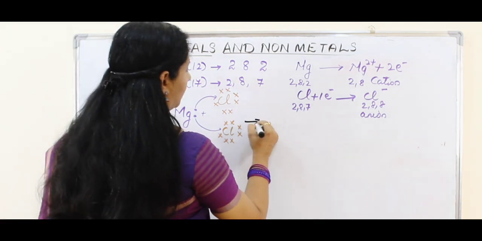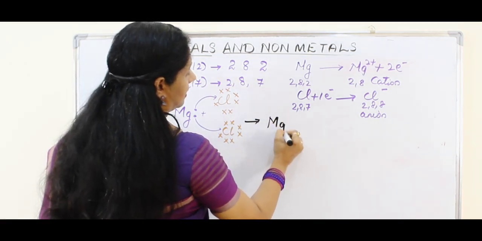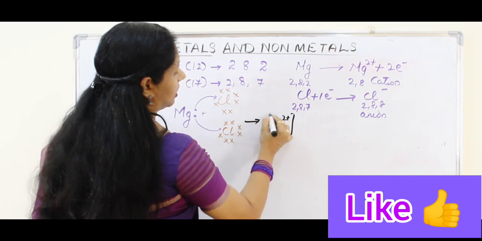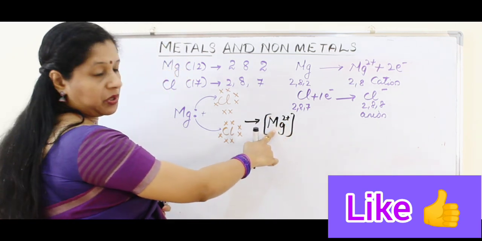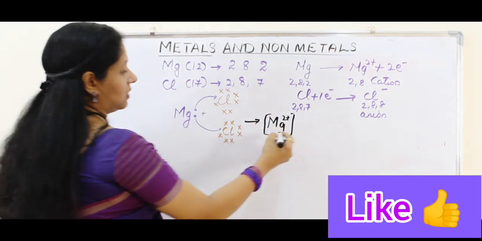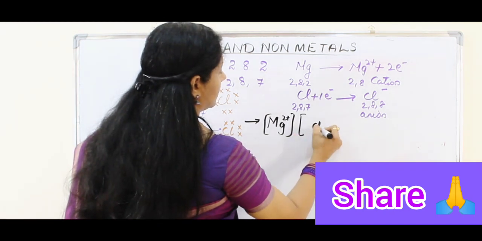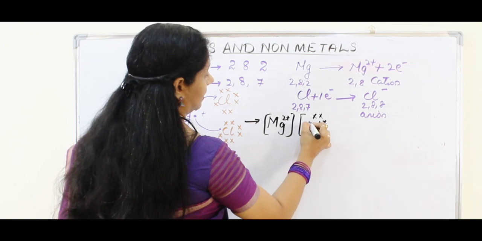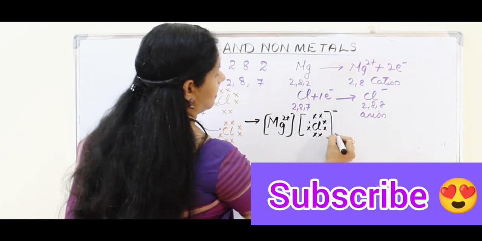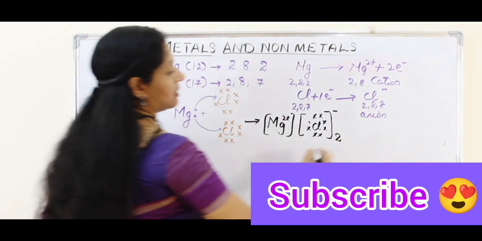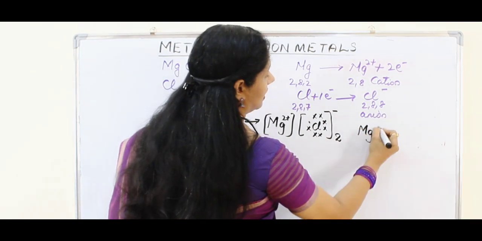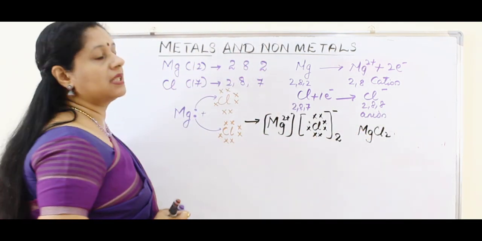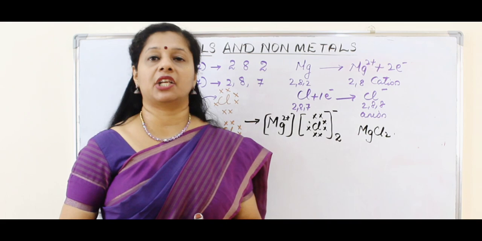So as a result, what will we get? Mg 2 plus we will get, because it has lost 2 electrons, whereas chlorine is 1, 2, 3, 4, 5, 6, 7, 8 minus but 2 chlorines. So what is the formula of magnesium chloride? MgCl2. So this is another example of an ionic compound, magnesium chloride.